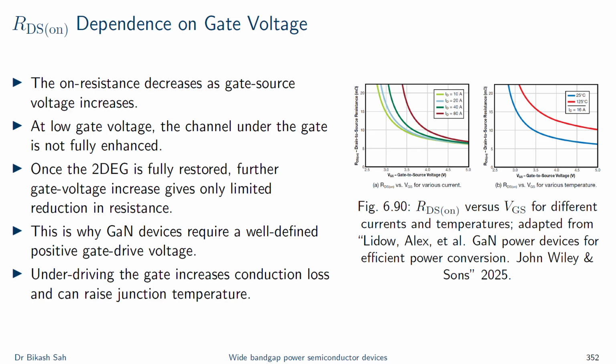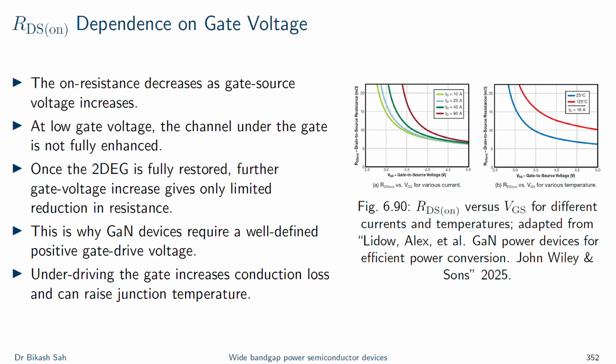I have also been saying for quite some time that there is some dependency on the gate voltage as well with the value of RDS(on), and this slide shows that the GaN on-resistance depends strongly on the gate-source voltage. So at low gate voltage, the channel under the gate is not fully enhanced, so the resistance is high.